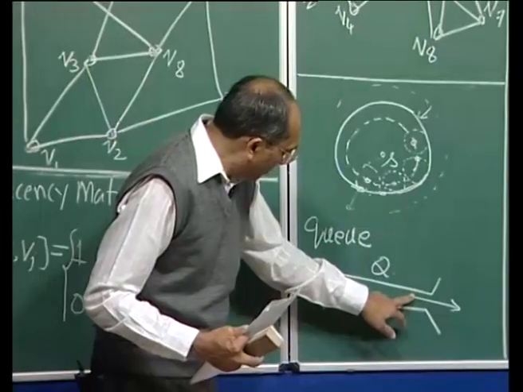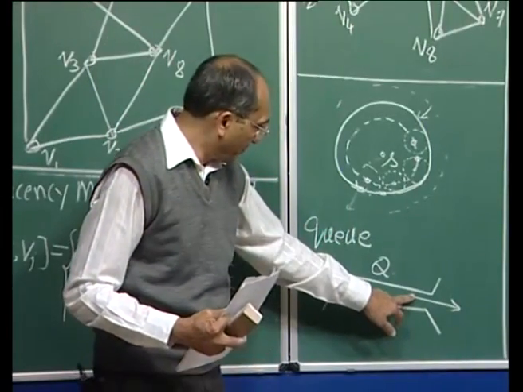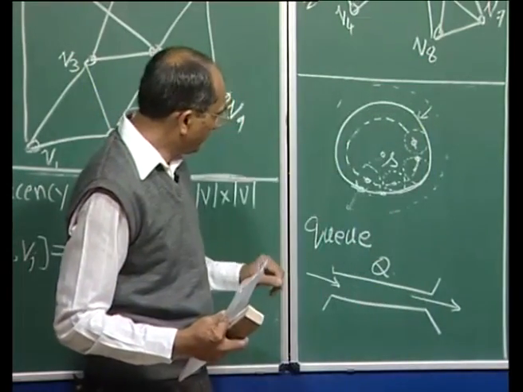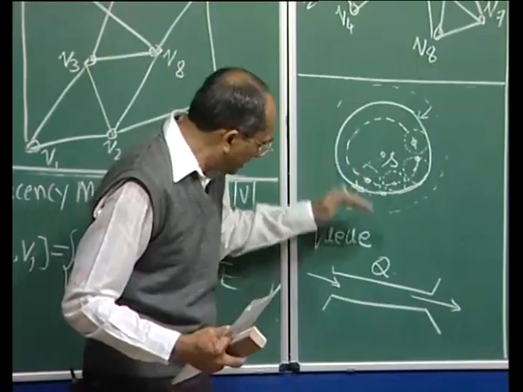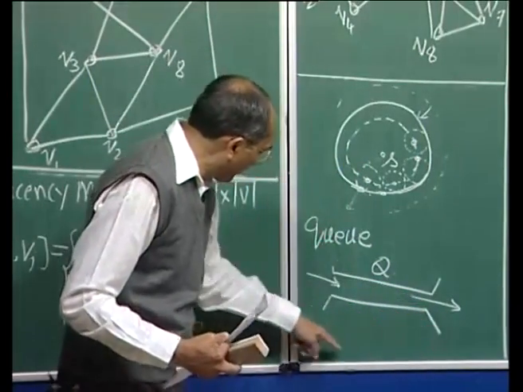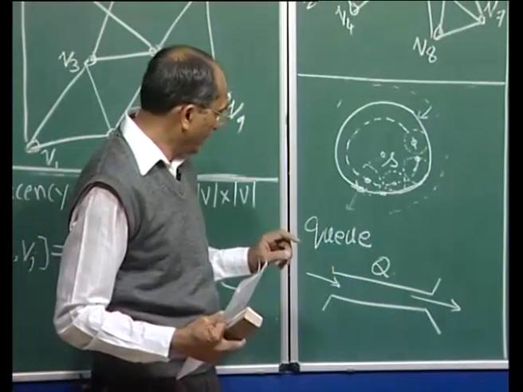We will pick the foremost vertex, the vertex in the front, and find out all its neighbors. They will form the next wavefront, and all the ones that we have discovered will enter the queue here.